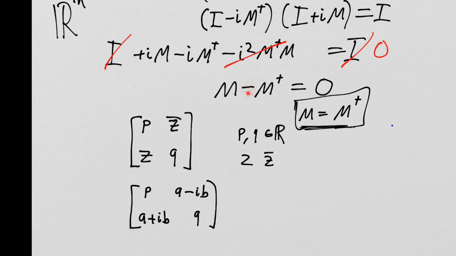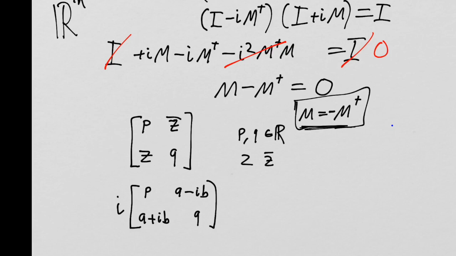If this was a plus sign here, then we would have had M equals minus M transpose conjugate, and the result would have been all of this times i, because we would have needed that i to fix the transpose conjugation.